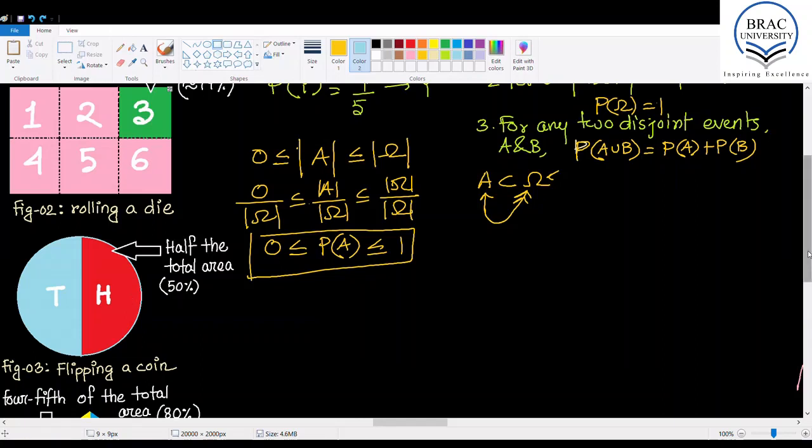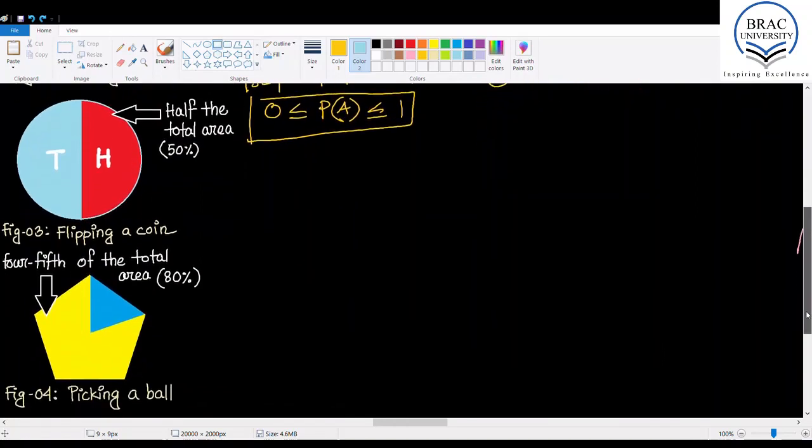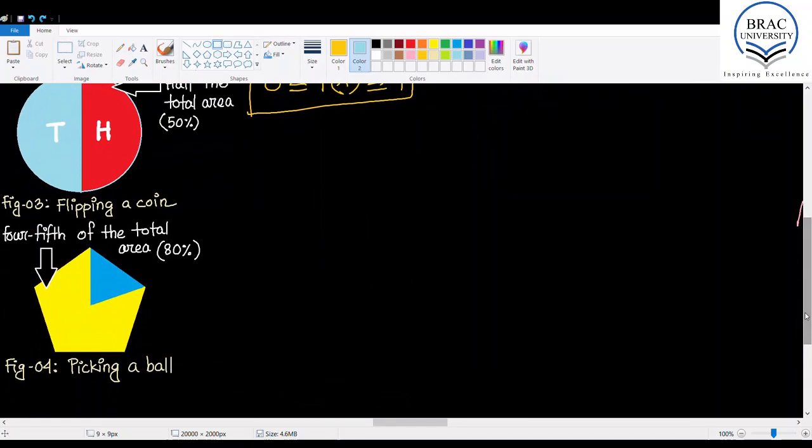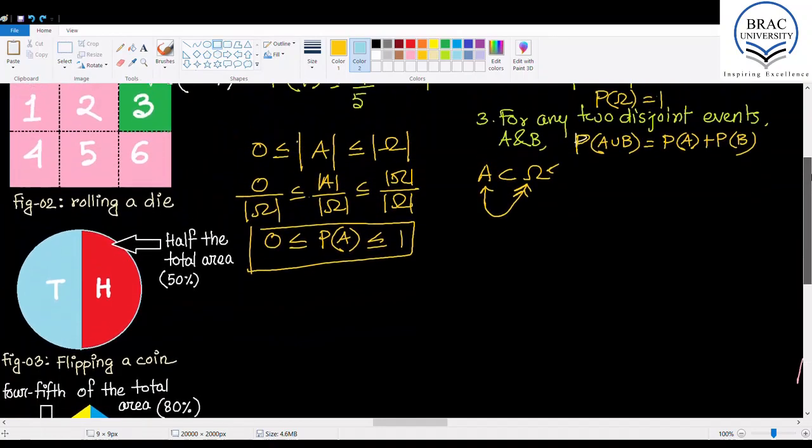And similarly, in our latest problem, we saw that picking one of the 4 yellow balls out of 5 in total has a probability of 4 by 5, which is 80%. So this yellow region is 80% of the total area, which is the fraction of the sample space. So yeah, that's it. We are pretty much done with our axiom 1.